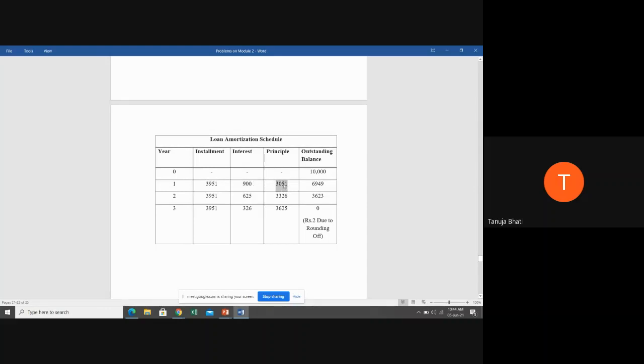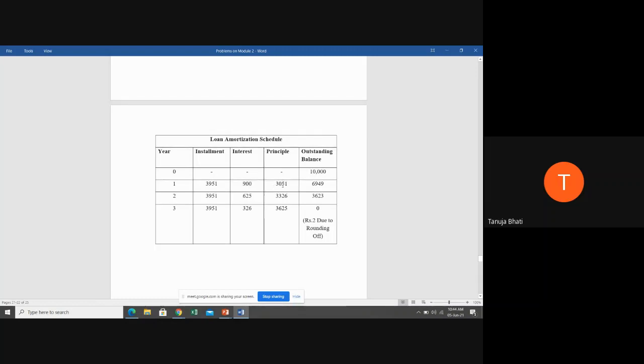Can anyone tell me how I derived this principal amount? Annual installment minus interest. Very good, students. Installment minus interest is your principal repayment, that is 3,051. So interest and principal are nothing but components of this installment itself. Only first you remove the interest part.